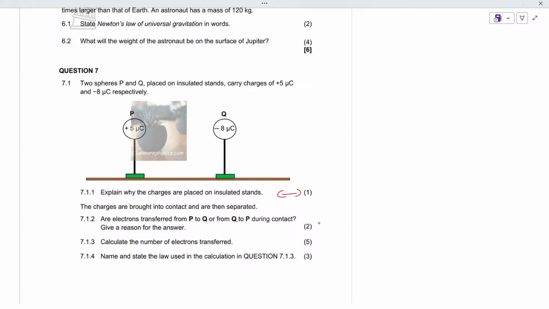Aren't you going to use the formula that says n equals delta Q over small letter q e?